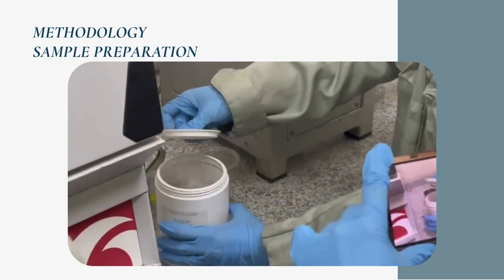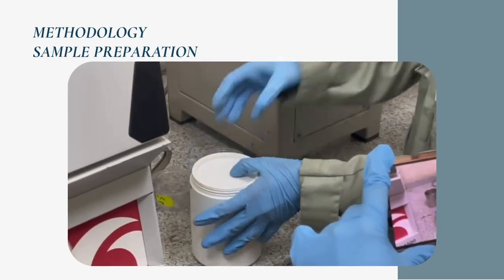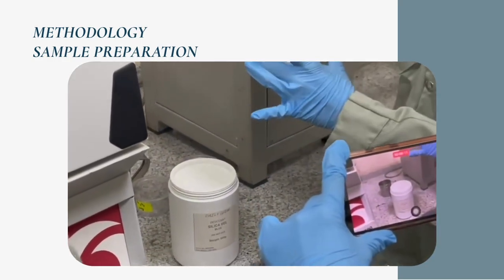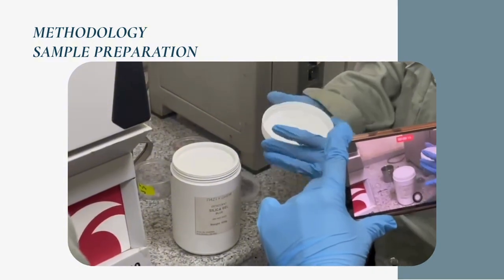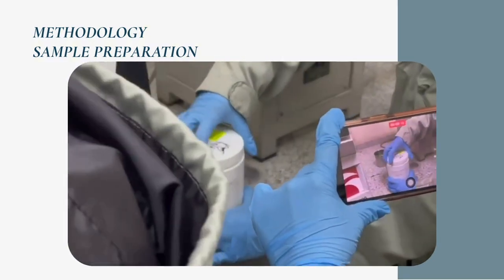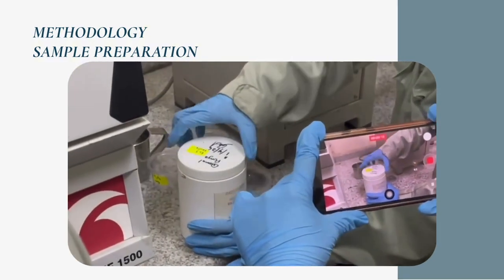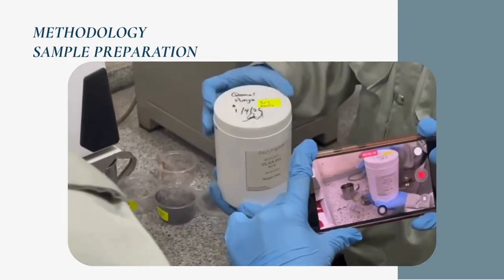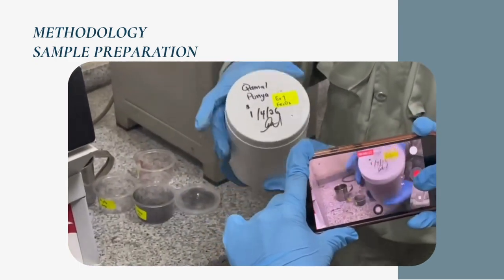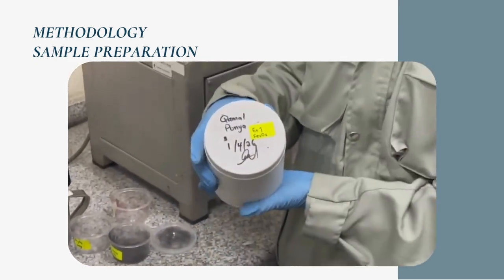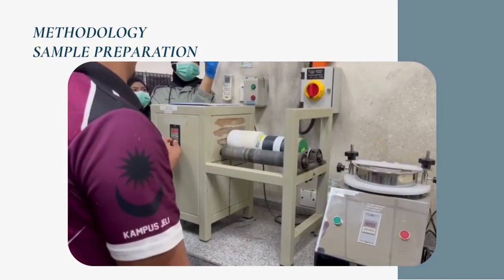After milling, the samples were further ground using a mortar and pestle to obtain a homogeneous mixture. The prepared mixtures were then transferred into labeled crucibles for the heating process. This step is important to ensure better contact between carbon and metal oxide before reduction.